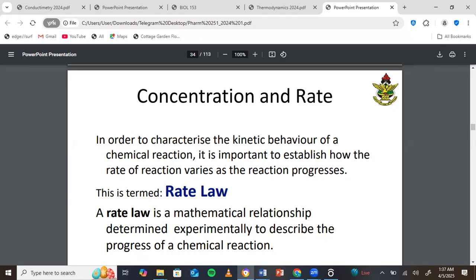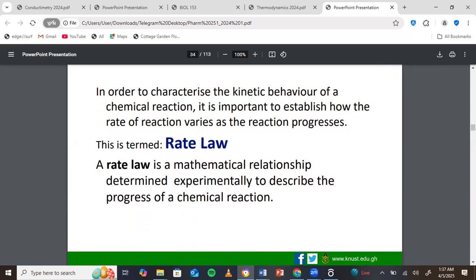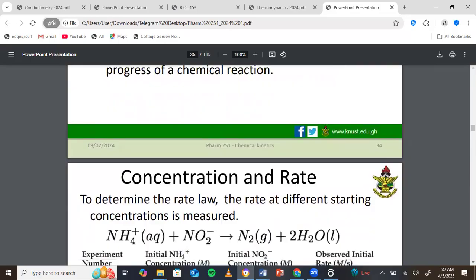Now, let's look at the rate law. We have already said that the rate law will show us how concentration affects the rate of reaction, right? And so we are saying the rate law is a mathematical relation determined experimentally, very important, experimentally, to describe the progress of a chemical reaction.